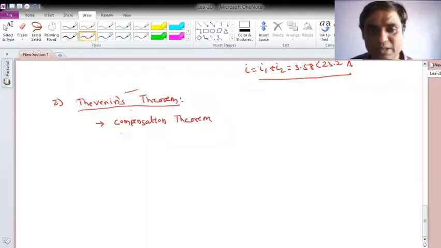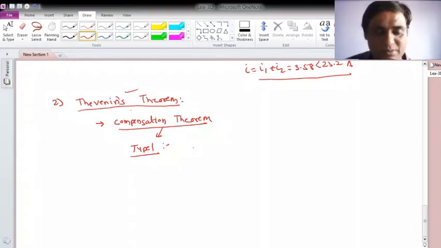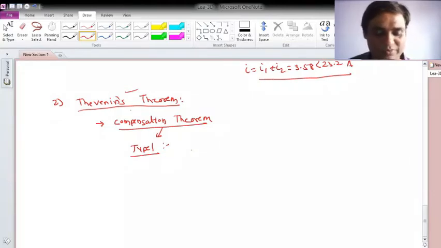So basically there are two types. Here we will see the elementary theorem, that is type 1. What it says is that any element in the network, whatever element you consider, can be replaced by a voltage source or current source whose value is the voltage drop across that particular element, right? And this is only applicable for linear networks.